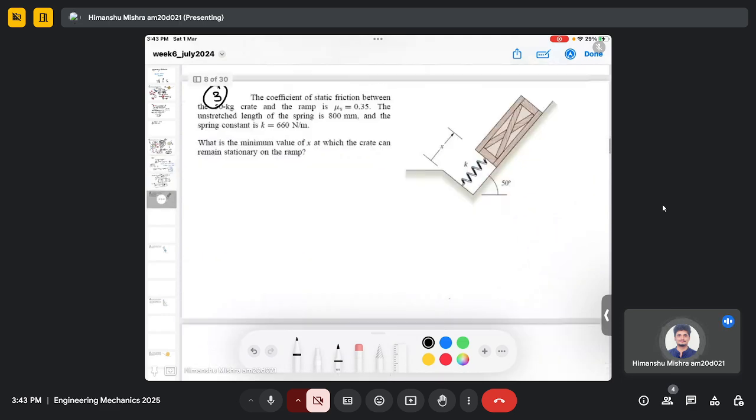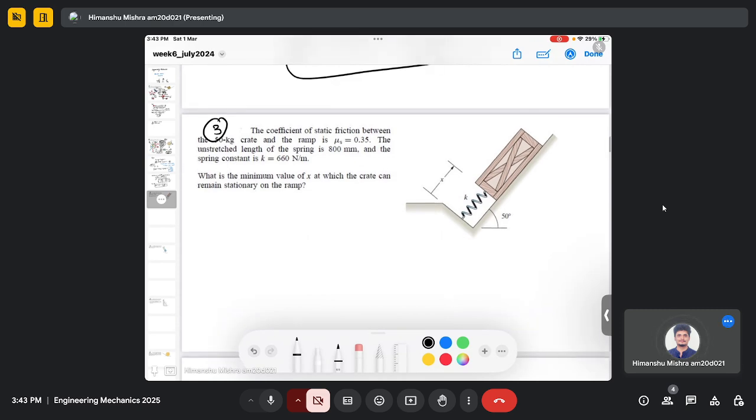So let's move to a different question. Again, it's a similar question, only the thing is we have a spring force attached, and in one of the classes we showed that the spring force can be given as the spring constant and the change in the distance.